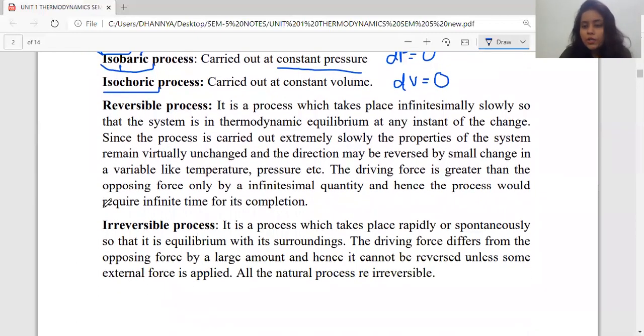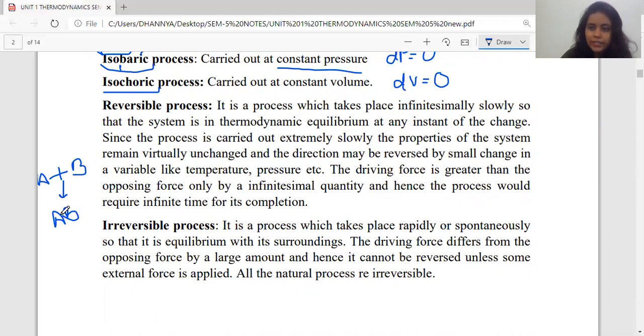So reversible processes are going to be what? The simplest way of understanding is, see, I've taken A, I've reacted it with B, and the product that has been formed during this reaction is AB.